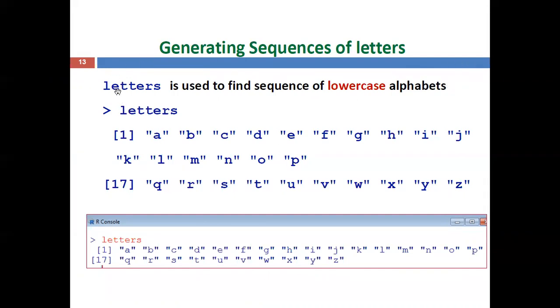Whenever you use uppercase letters, all are capital letters, then you can find out sequence of uppercase alphabets. Now, first we will see working with lowercase letters. Simply you can call the string letters, all are lowercase letters. Then it displays all the alphabets with lowercase letters, small a to small z.